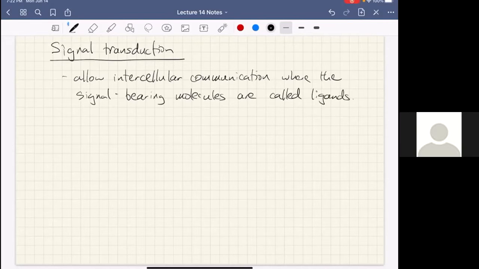So this is molecular communication in the original meaning of the word, and it uses all of the assumptions that we've talked about so far.